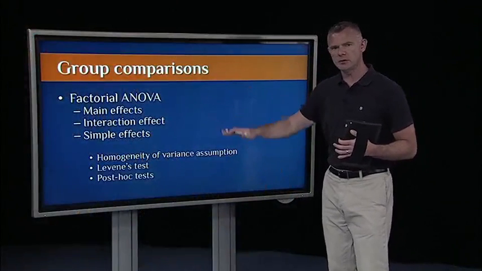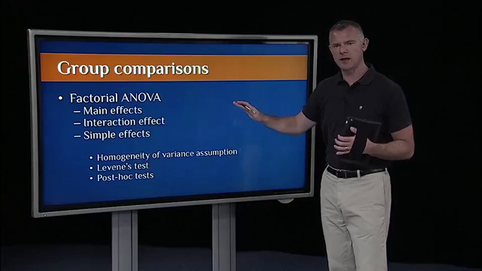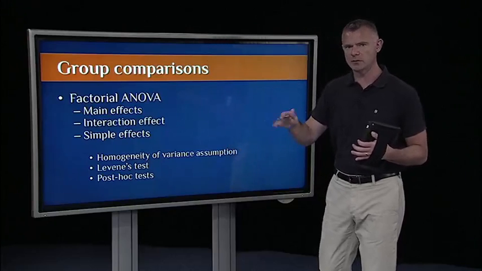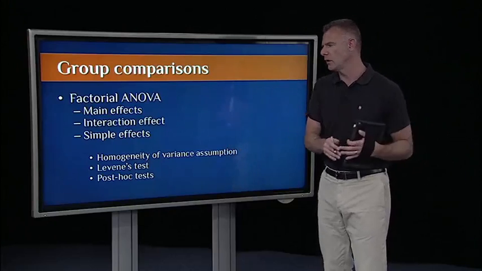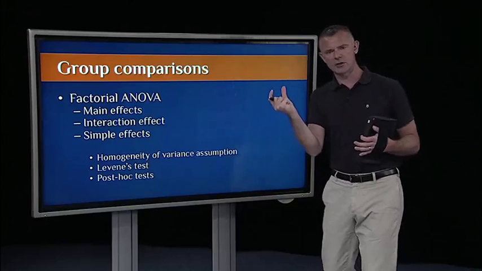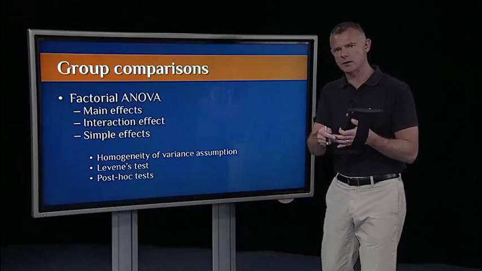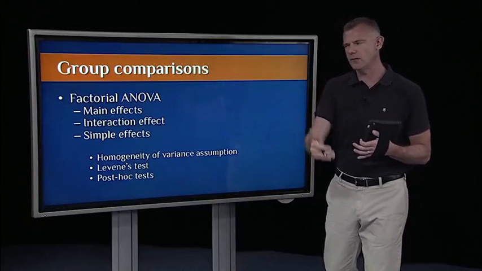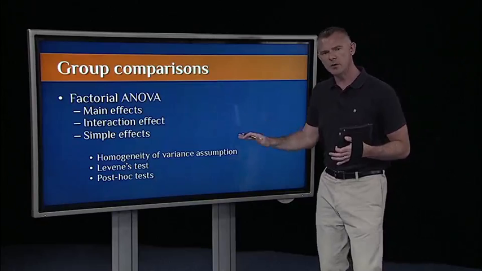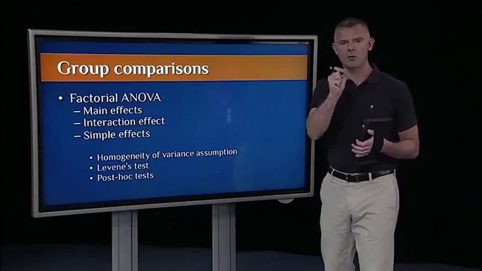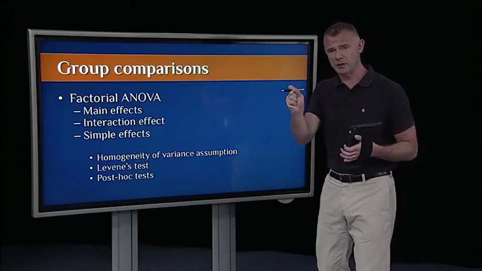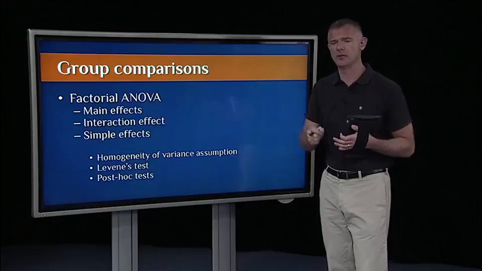And that introduced other kinds of hypothesis tests, so we could look at the main effects, which are equivalent to one-way ANOVAs. We could look at the key interaction effects, so do the 2 independent variables interact with one another to cause change in the dependent variable? And remember, simple effects are the effect of one independent variable at a particular level of the other independent variable.